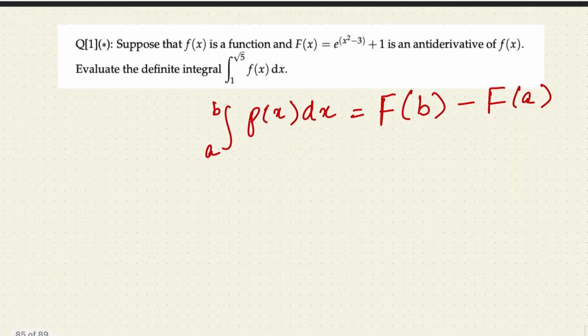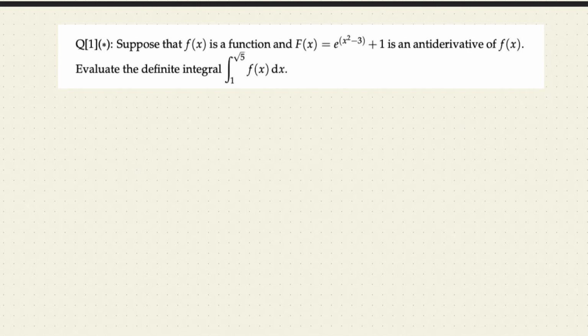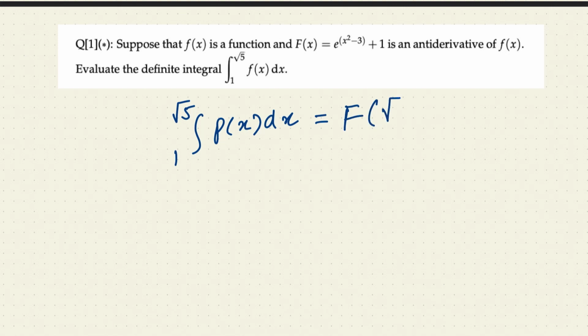And now we'll use this same expression in order to calculate this definite integral. So if we write this definite integral again, which is integral f(x) dx from x equals 1 to root 5, that would become capital F(root 5) minus capital F(1), right?